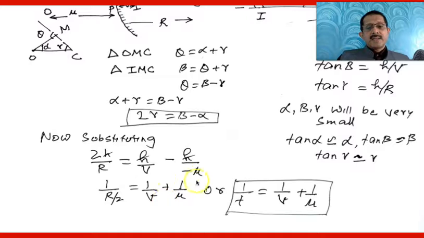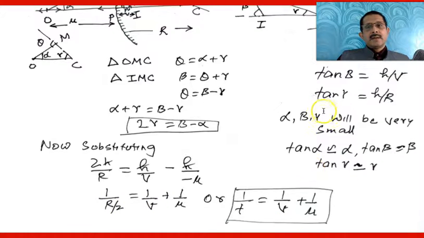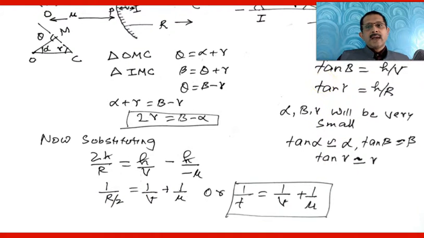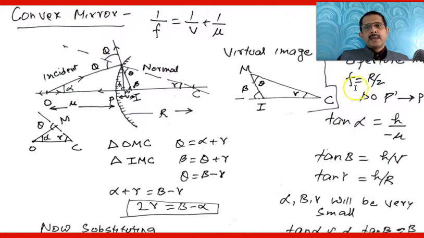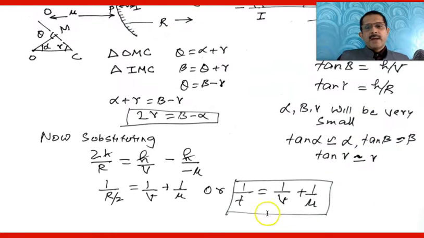So I will get the equation 1 by r by 2 is equal to 1 by v plus 1 by u. But r by 2, as we know, is nothing but the focal length, as I've written it here. So 1 by f is equal to 1 by v plus 1 by u, and that is what we were looking for.